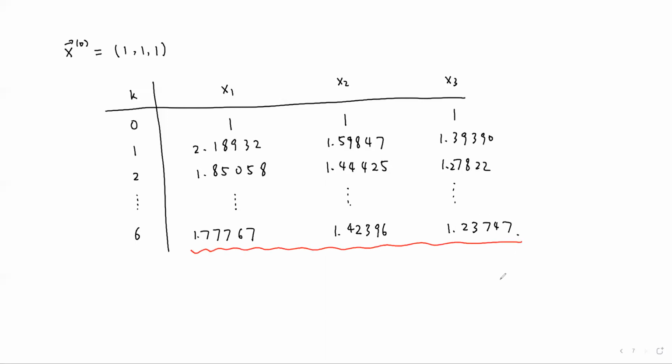The result in the 6th iteration actually is quite good. How to know the result is quite good? Evaluate the function value at this point.